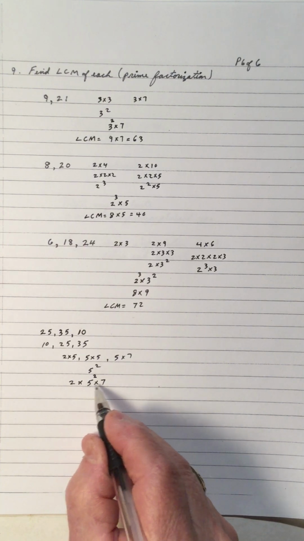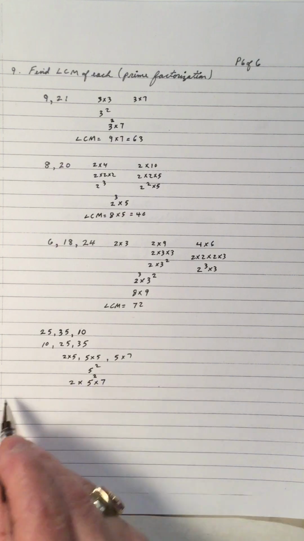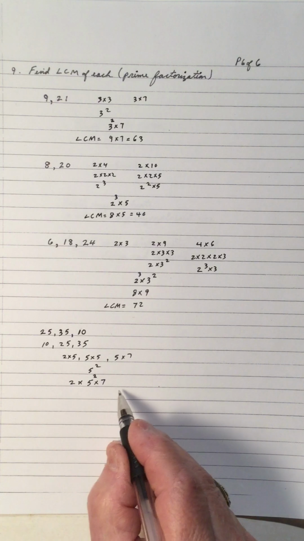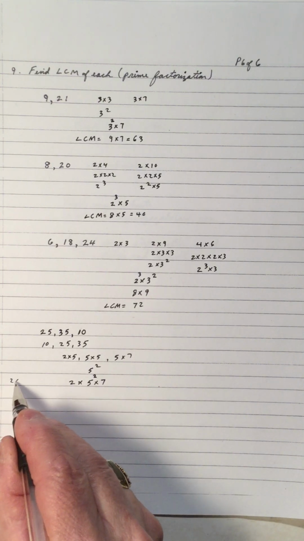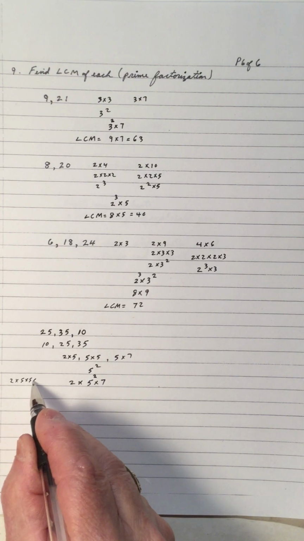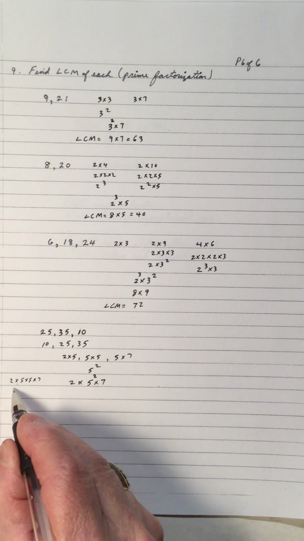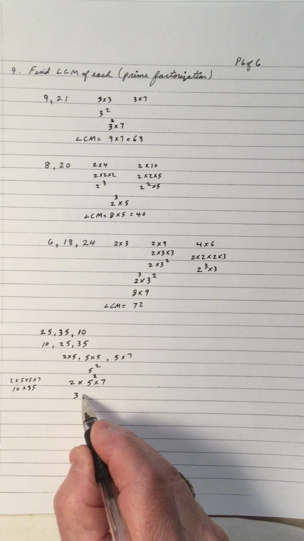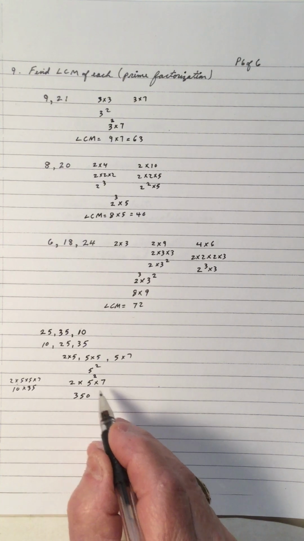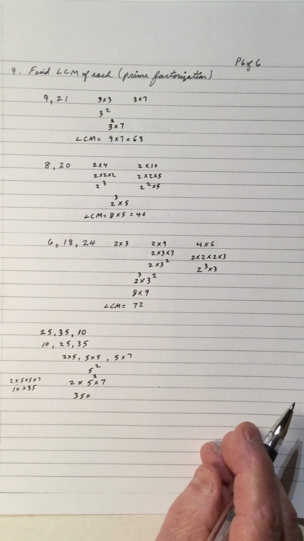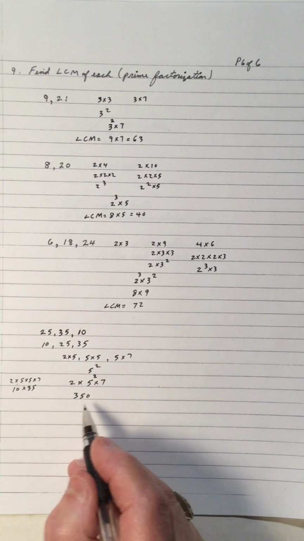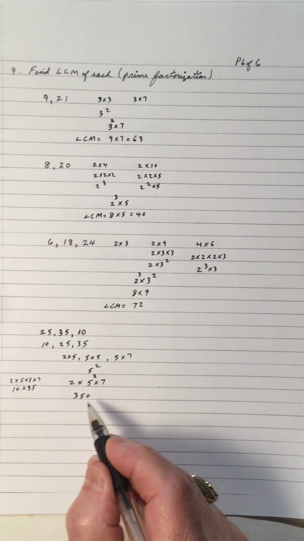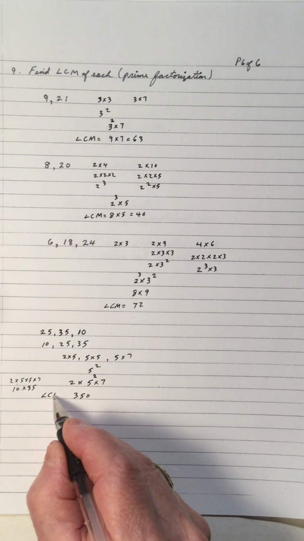So if you want to work this out, I go 2 times 5 times 5 times 7. I make this a 10, and that's a 35. Anytime I multiply numbers to get a 10, it's easy because when you multiply by 10, you just get the 0 added on.